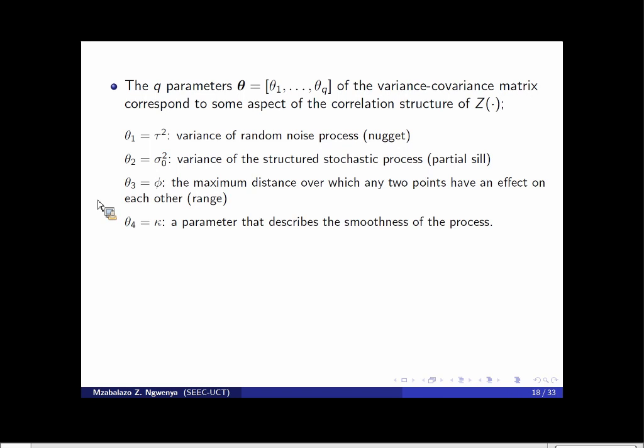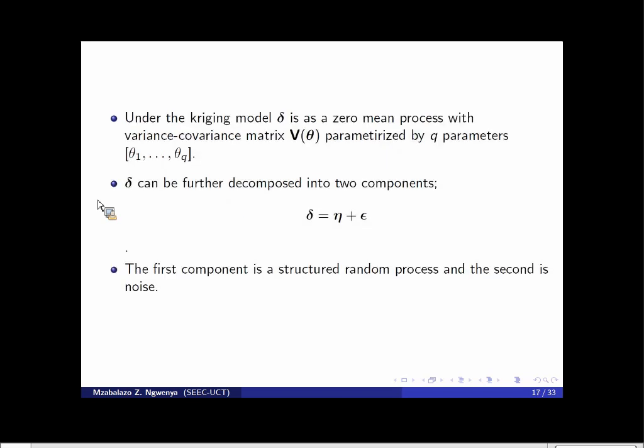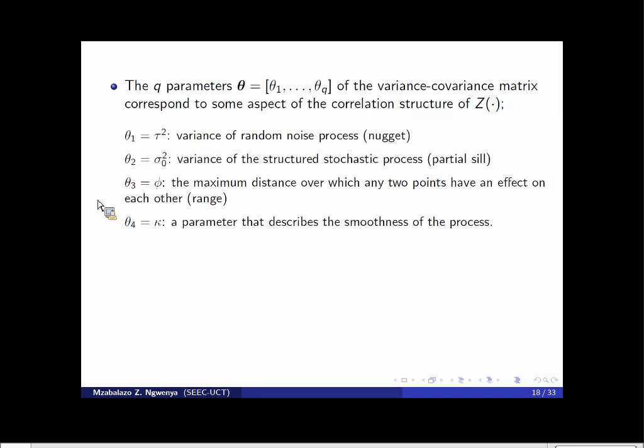The first parameter, which is called tau squared, is basically the variance of our random noise process, so it's the variance of that unstructured stochastic process epsilon. Sigma squared is the variance of the structured part of our process, that is, the variance of eta. If you add the two variances, they'll give you the variance of our process.